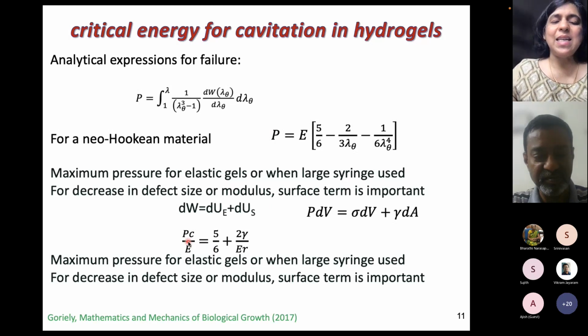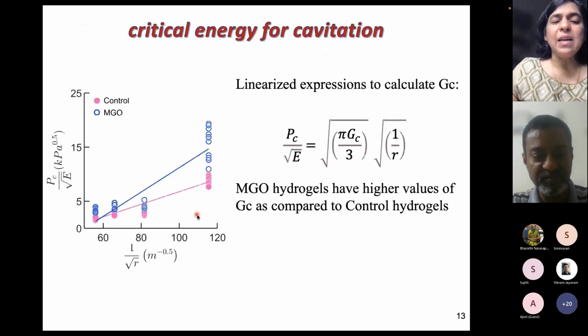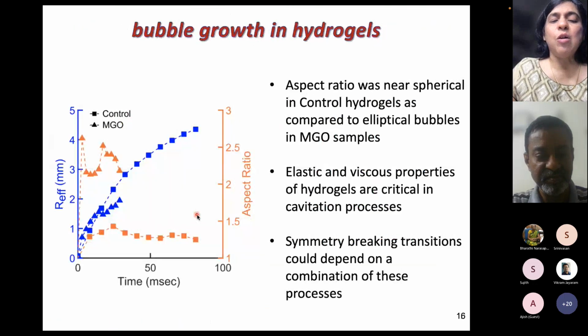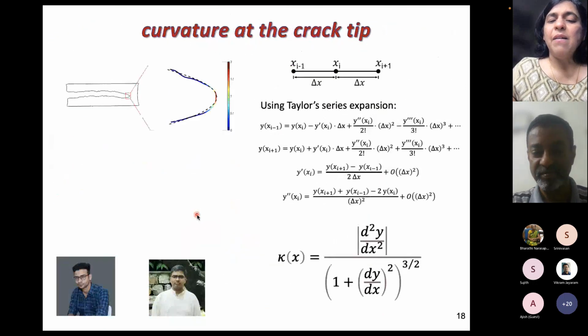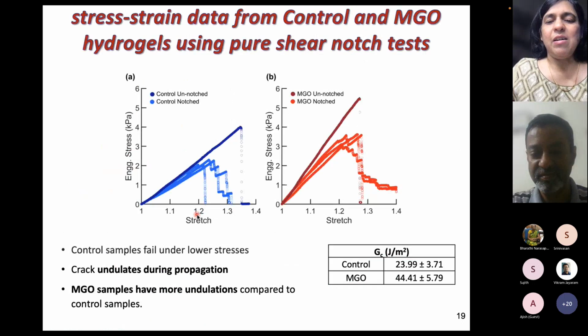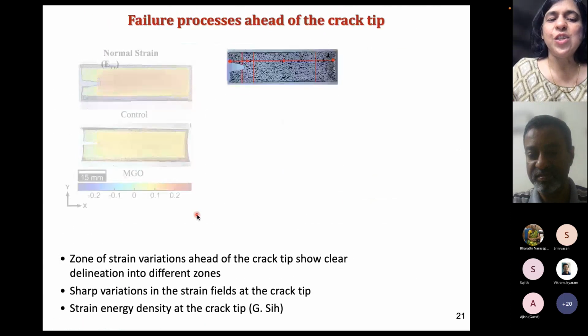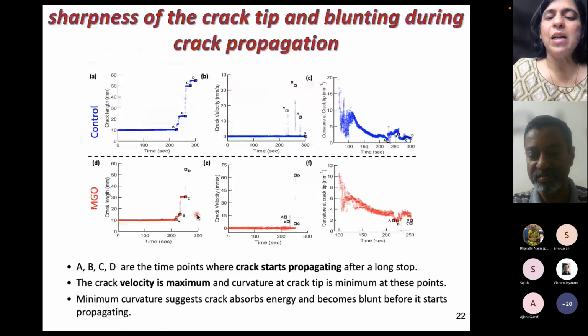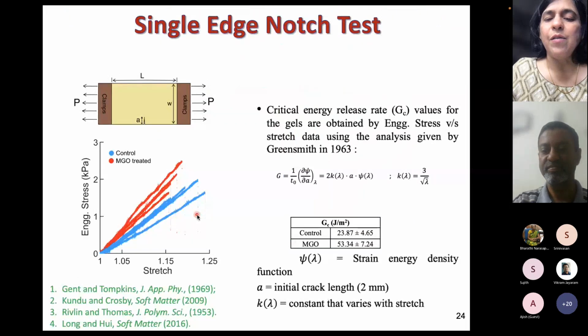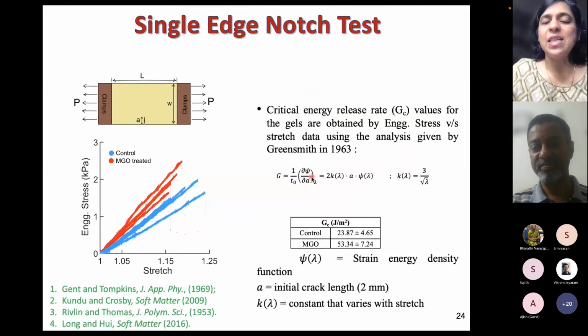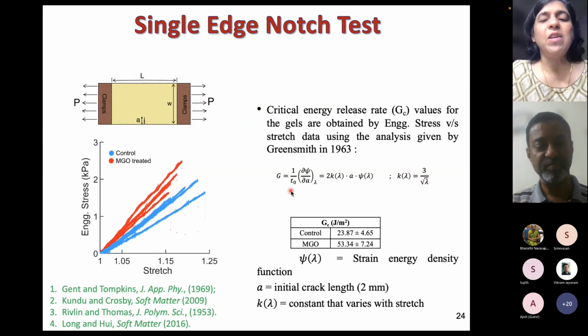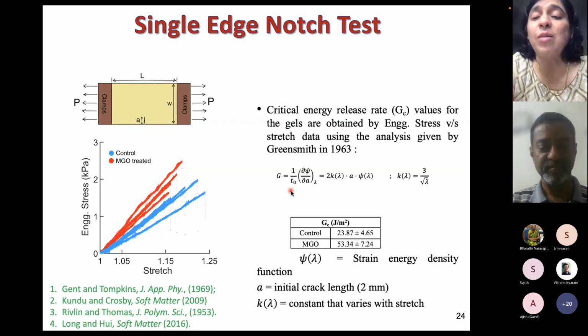So if we can get the expressions for PC, then we are able to compute the GC in this case. In the case of single edge notch and pure shear experiments, we have expressions that have been published in the literature, and so we have used those to calculate the GC, which are shown here. So G is this dψ by dA, which is something that we use, and it was done routinely many years ago, in 1963 by Greensmith.